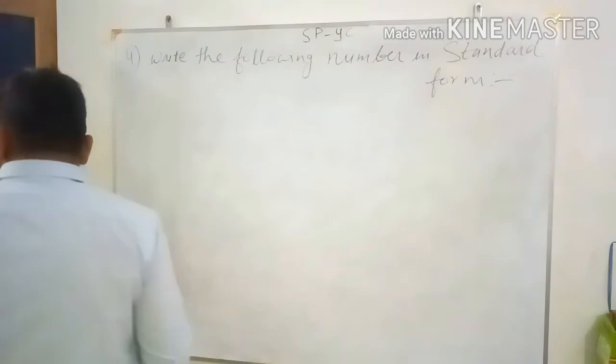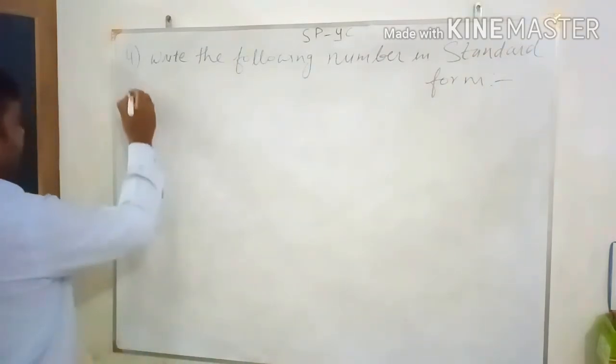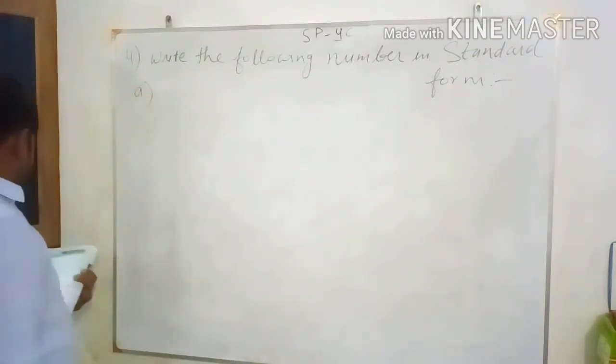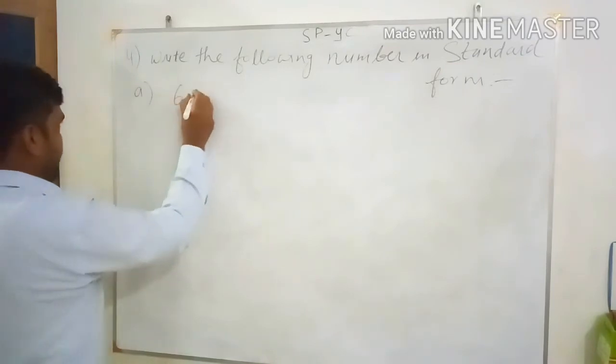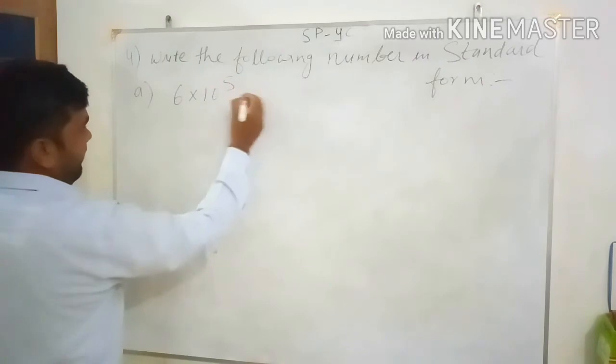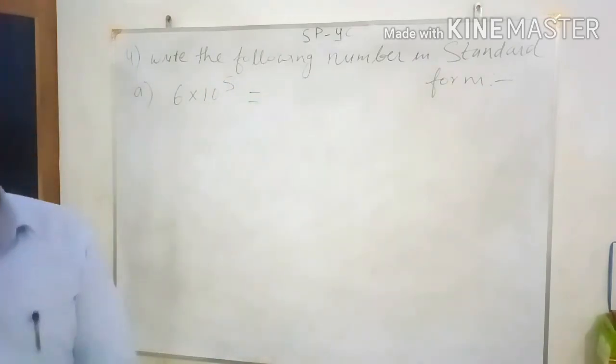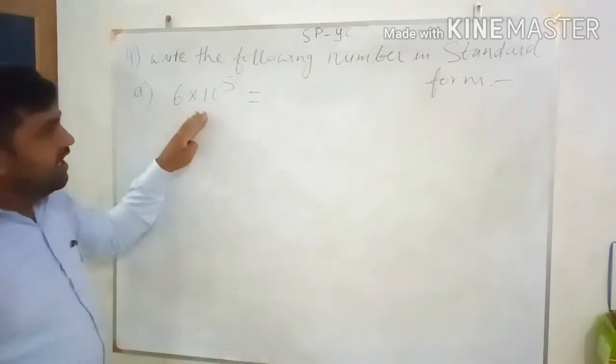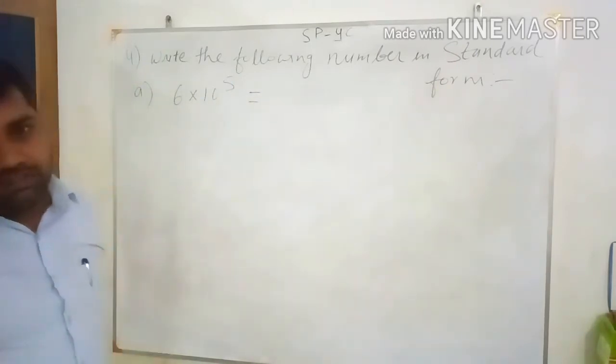That is A. Here the numbers are given in the scientific notation, 6.6 multiplied by 10 to the power 5. Now we have to do the reverse. Here the numbers are given in the scientific notation, and now we have to write them in the standard form.